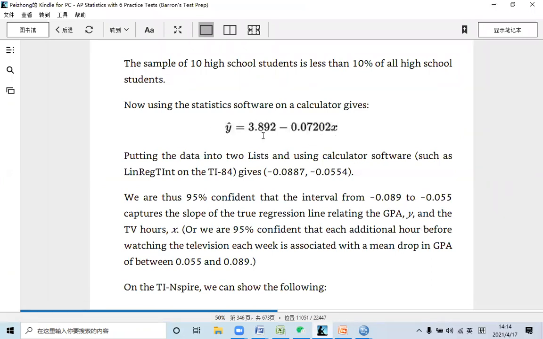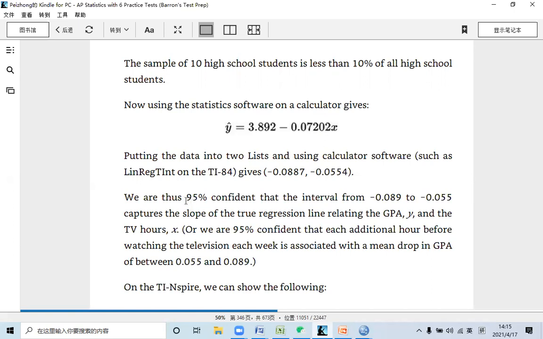Now this is the formula, and then we need to get the 95% confidence interval for the slope. The slope is negative 0.072.